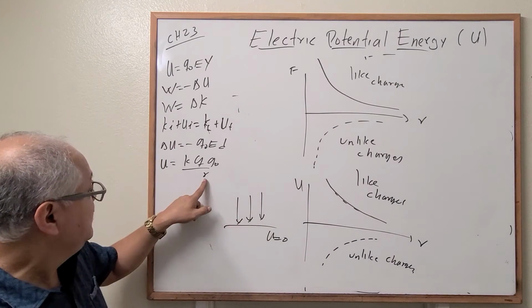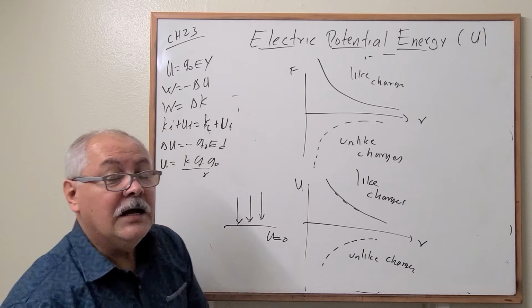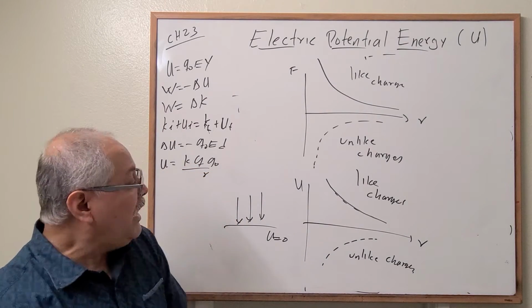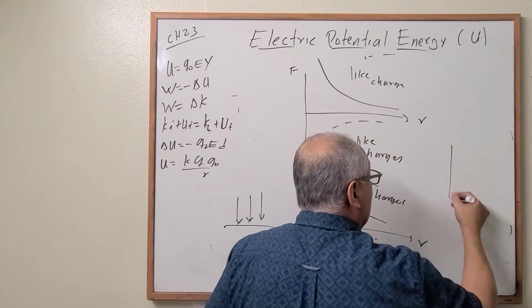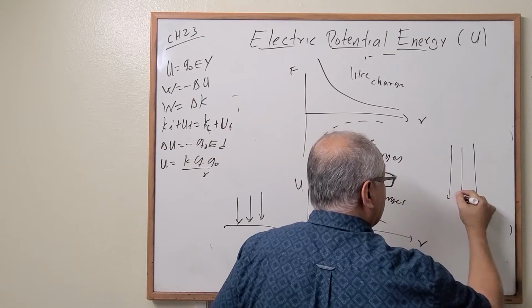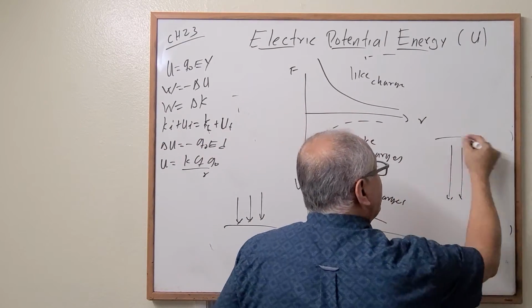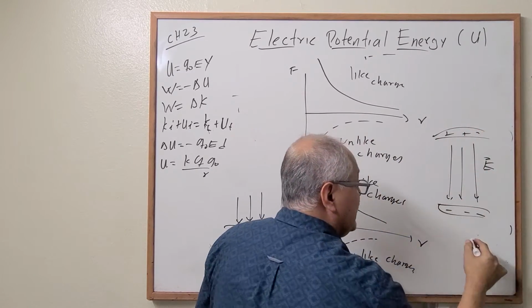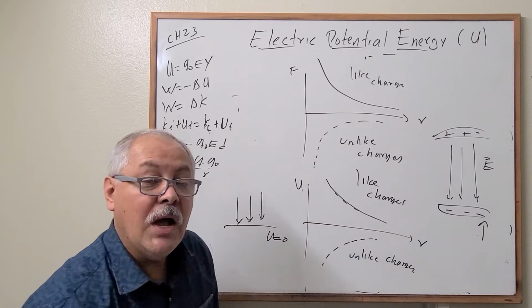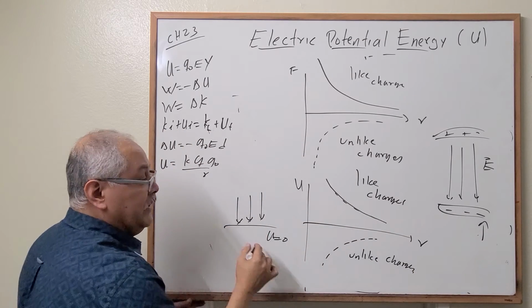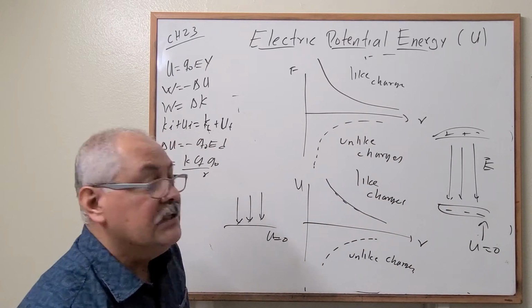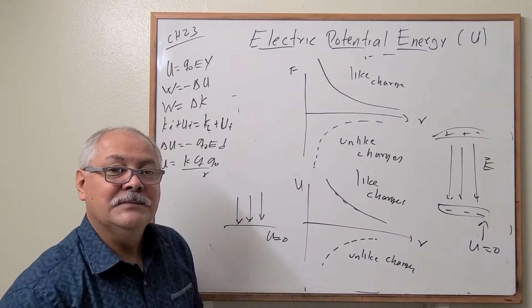When the distance is at infinity, the electric potential energy is zero. But what happens when we have a constant electric field? We take this similarly to gravity, where the electric potential energy is zero in the same way.